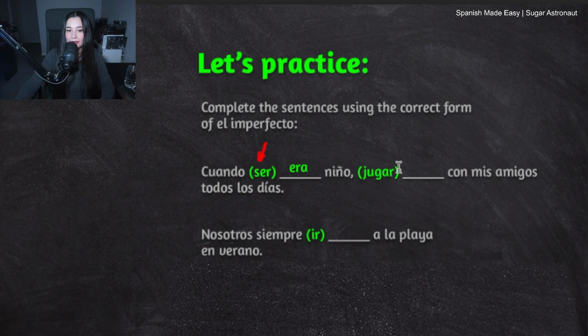And then we have jugar, which means to play, con mis amigos todos los días. So essentially you want to say, I used to play with my friends every day. So how do you say jugar in the imperfect? How do you conjugate jugar in the imperfect tense? What's the conjugation?